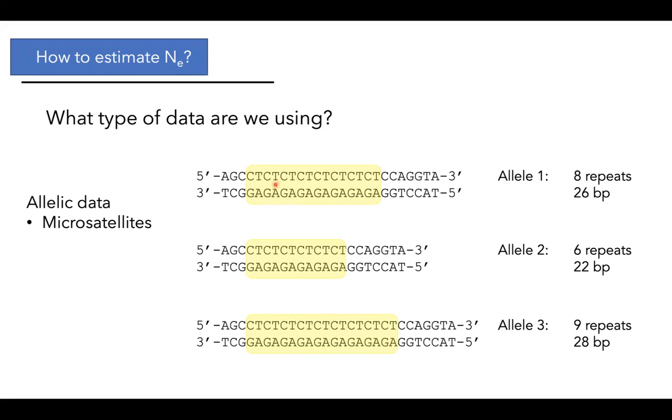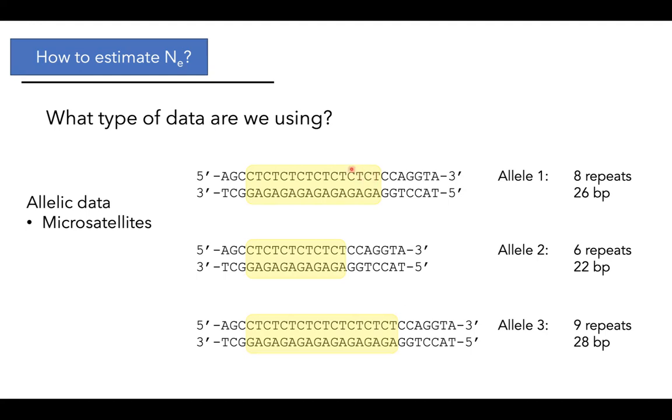So microsatellites are short repeats of a sequence motif. In this case, the sequence motif is CT on the one strand. The variation comes from how many times we see that repeat. For allele 1, we have 8 CT repeats, CT, CT, CT, just like you see.